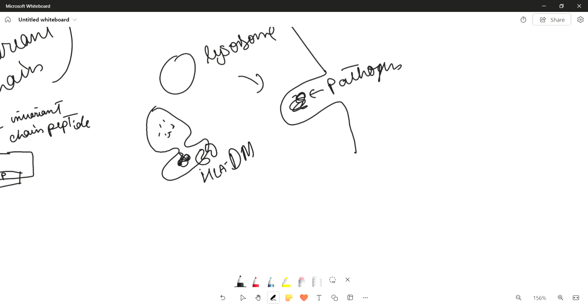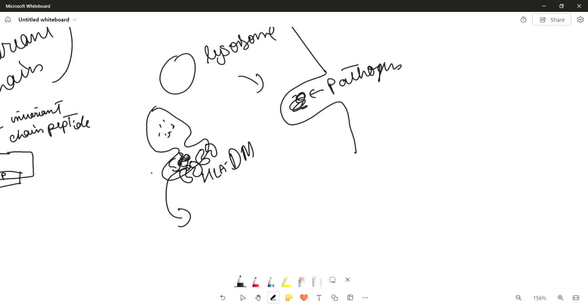Now, the MHC Class-II is going to migrate from the endoplasmic reticulum to the phagolysosome, where they will associate with the HLA-DM. Now remember, the invariant chain is still bound to it.